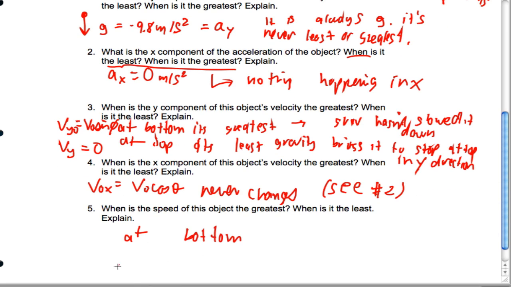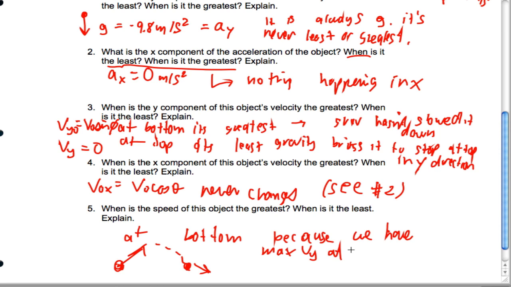And I mean here, and so here, it goes through the air, and here. So what's actually happening at the bottom is because we have the max Vy at the bottom. And by the way, this speed happens to be V naught.